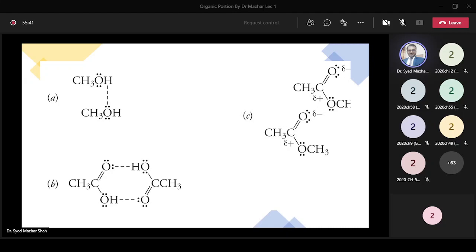And the second trend we studied in a group is that if we move from top to bottom, the electronegativity decreases. So it means the atom at the top of the group would have the highest electronegativity in that group, right?